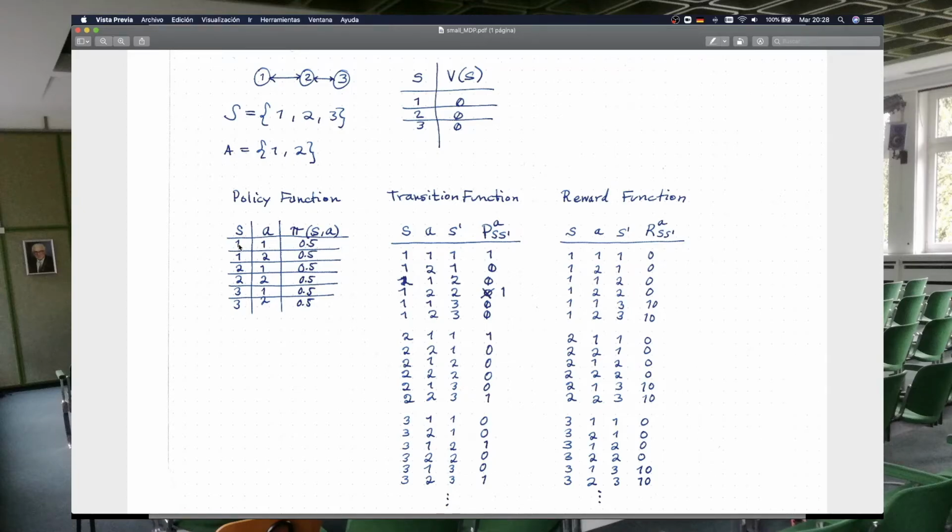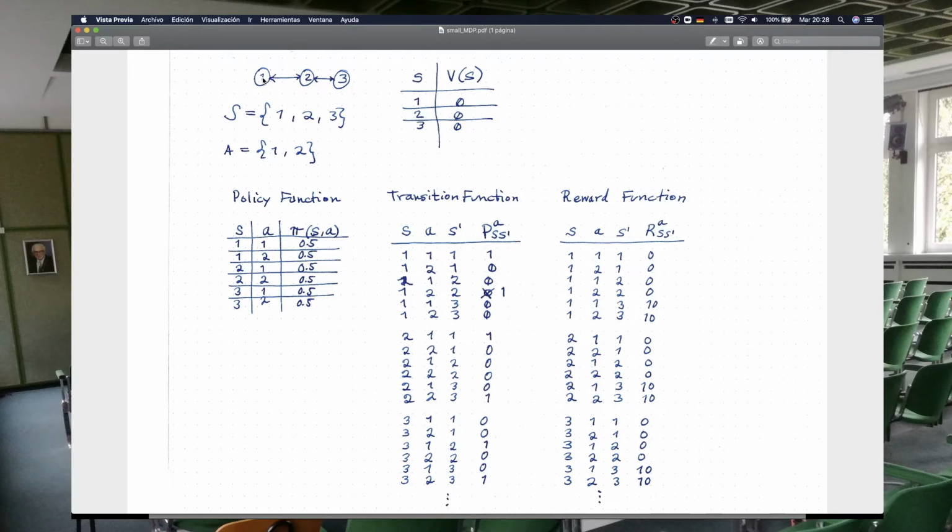So here is state 1, action 1. We have state 1 and action 2, state 2, action 1, and so on. Now imagine that you are in state 1. In state 1 you can execute the action go left, and the result of that will be that you will remain in state 1 because there is no other state here.